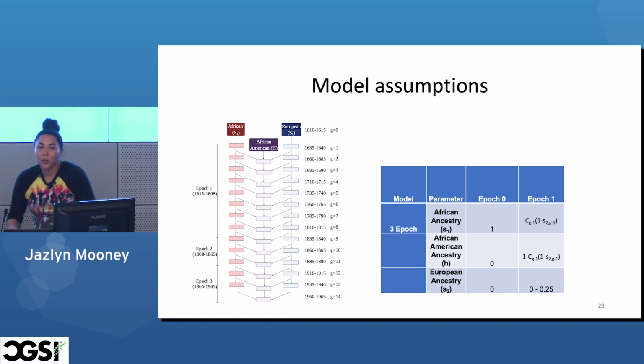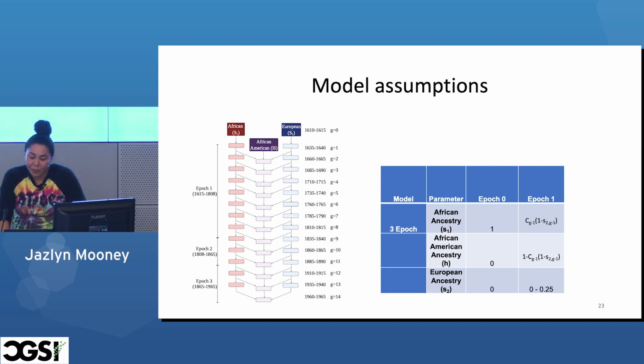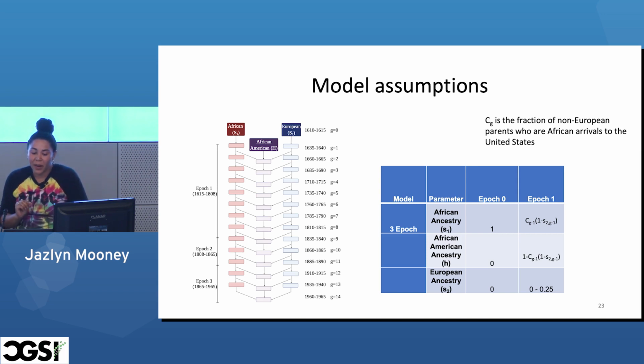So here's where we now start to incorporate more demographic information. We're going to introduce this new variable, CG, in epoch 1. And what CG is, it's the fraction of non-European parents who are African arrivals into the United States. We're able to pull this information from a combination of birth rates and information about how many individuals were actually being brought into the Americas.